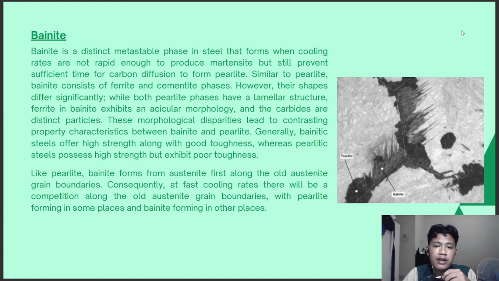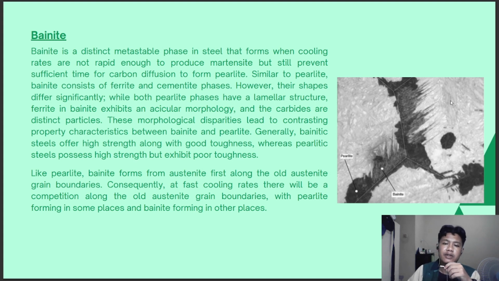While pearlite has a lamellar structure, ferrite in bainite exhibits an acicular morphology, and the carbides are distinct particles. These morphological disparities lead to contrasting property characteristics between bainite and pearlite. Generally, bainitic steels offer high strength along with good toughness, whereas pearlitic steels possess high strength but exhibit poor toughness.